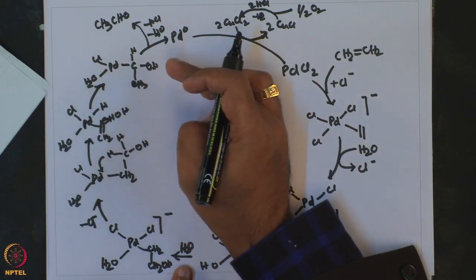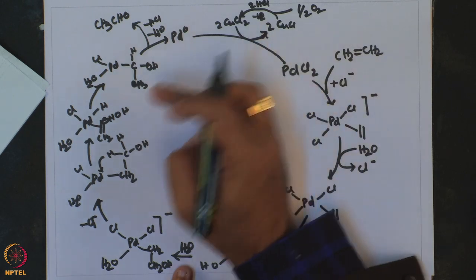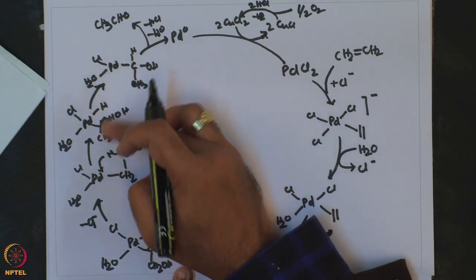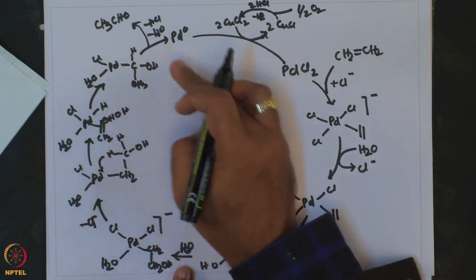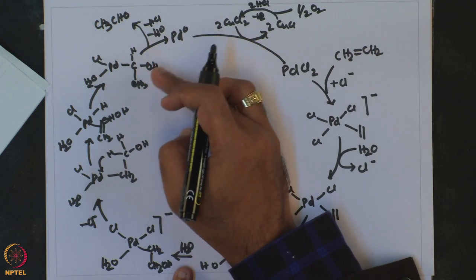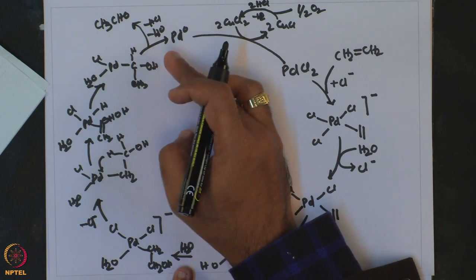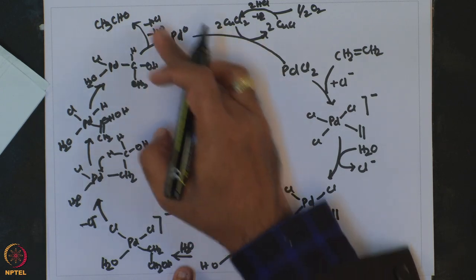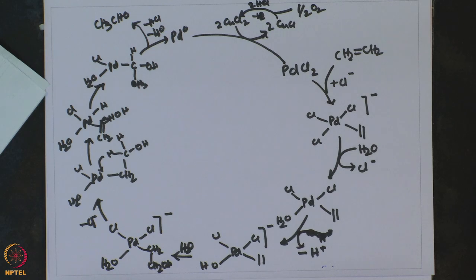Now, this hydride chloride aqua complex undergoes hydride transfer to this olefinic bond to give palladium methyl, and then that eliminates HCl as well as water to give acetaldehyde and palladium 0. And then once the palladium 0 is formed, it goes back using this copper 2 copper 1 cycle.